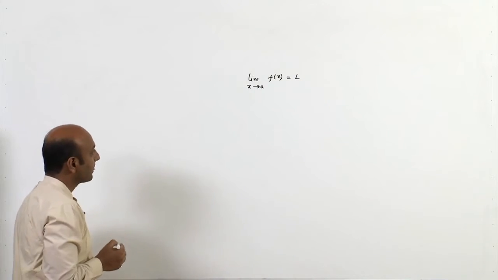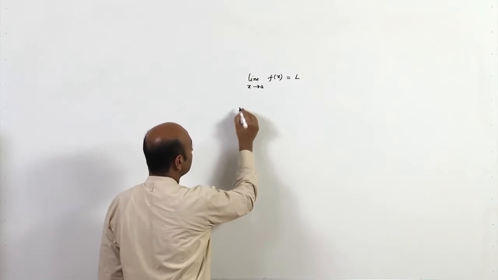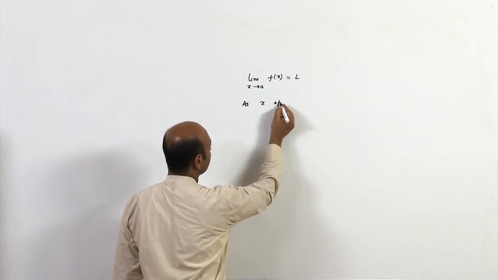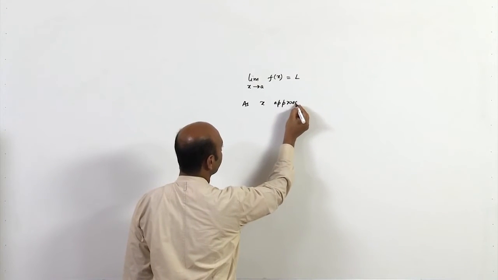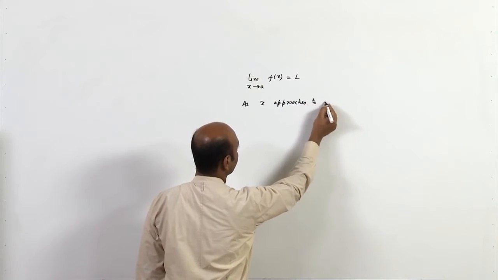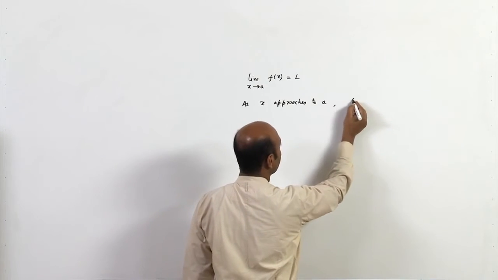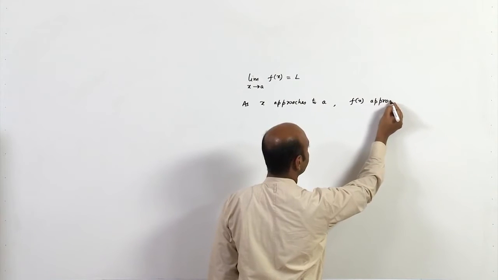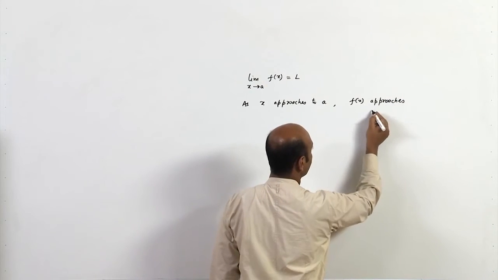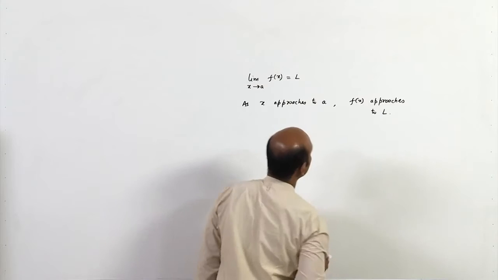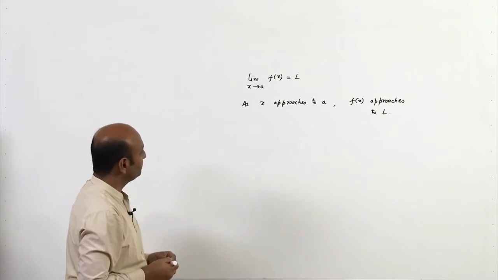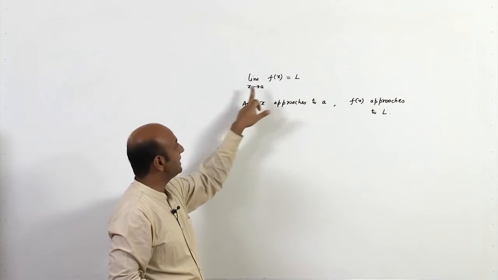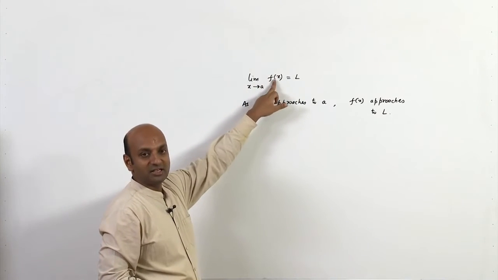It means that as x approaches a, f(x) approaches L. So roughly speaking, when we say that limit x tends to a of f(x) equals L, this means as x tends to a, f(x) tends to L.